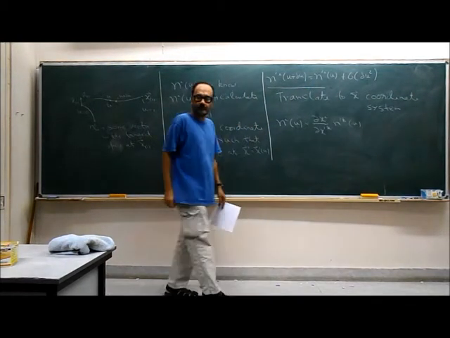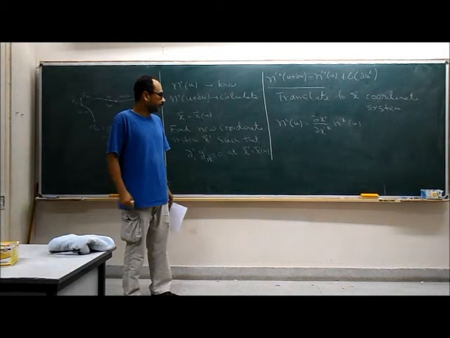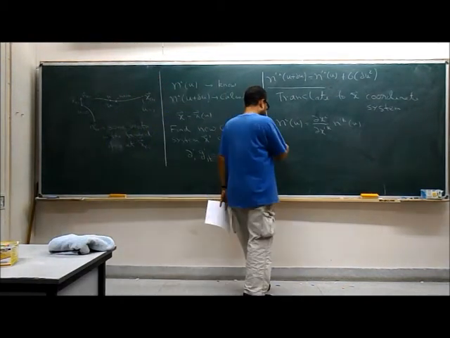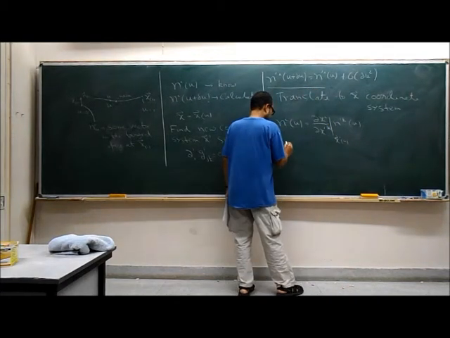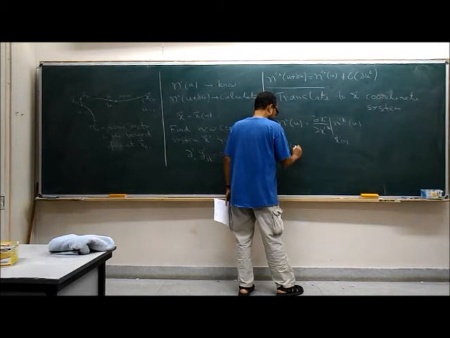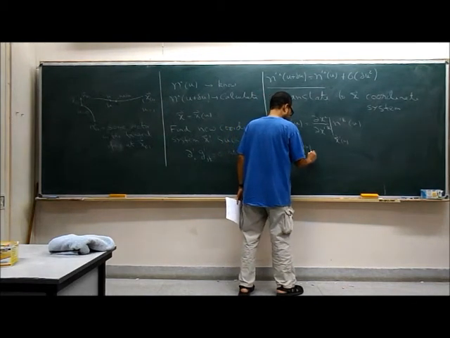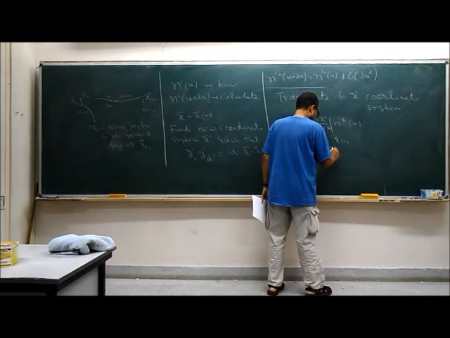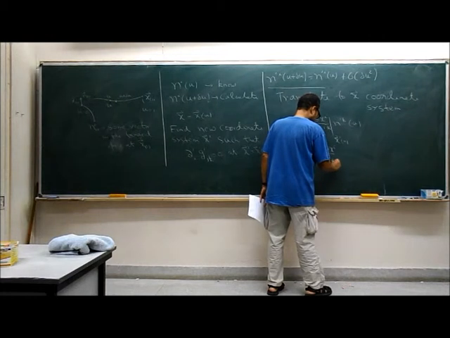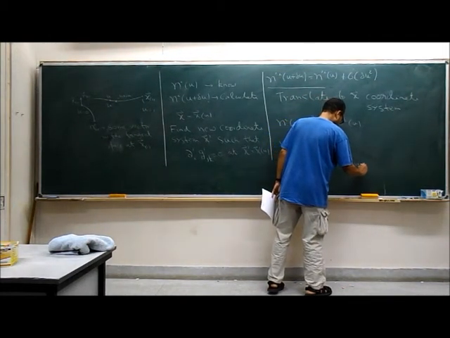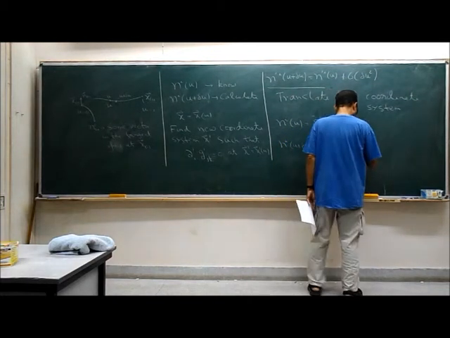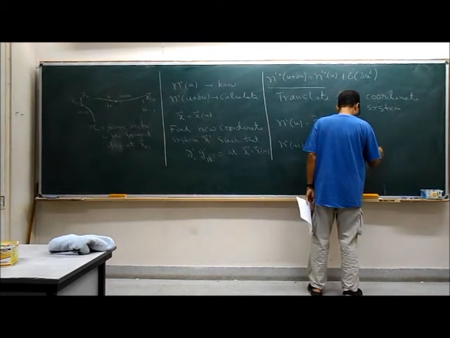This is the transformation law we have found, and this has to be evaluated at x prime of u. On the other hand, n^i of u plus delta u will be given by del x^i del x prime^k at x prime of u plus delta u, times n prime^k of u plus delta u.